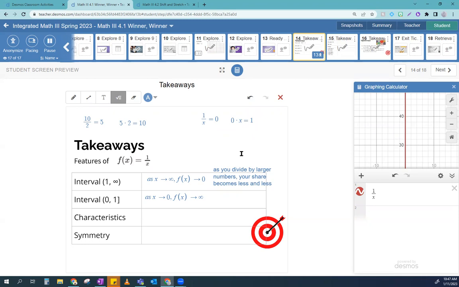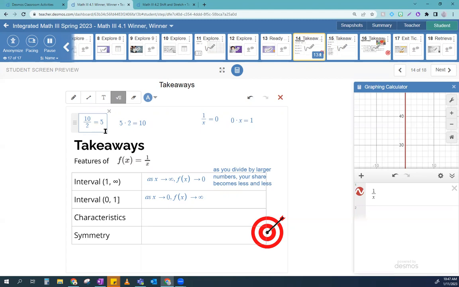Yeah, because 0 times anything is going to be 0. But then this conflicts with what you just wrote, right? You said that if 1 divided by x is 0, then it's also true. This is called fact families, right? When you were little, if 10 divided by 2 is 5, then you also know that 5 times 2 is 10, and 2 times 5 is 10, and 10 divided by 5 is 2.